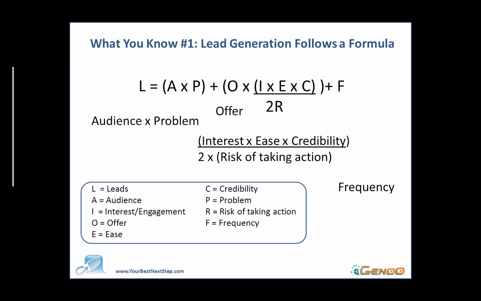The audience and the problem go hand in hand. If you are not communicating with the right audience about the problem, you've got a problem there. And then out of audience and problem comes an offer, and then who you are and the interest, the ease, the credibility, and the risk of taking action.